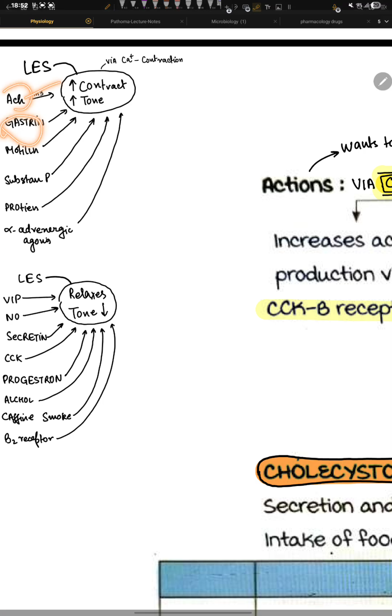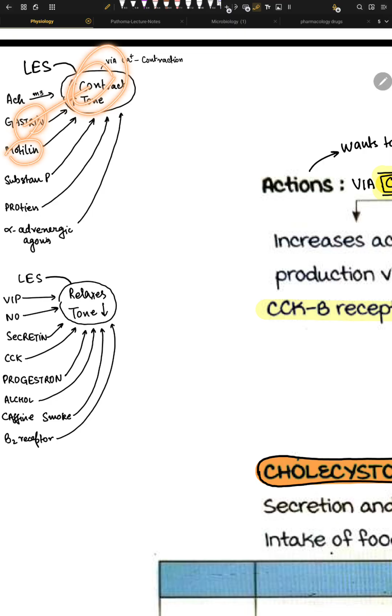We have gastrin, the hormone produced by G cells, and it also tightens the LES. We have motilin agonists for movement. Substance P also works for contracting the LES. Then we have proteins, and then alpha adrenergic agonists. I will talk about them. So the LES is positively affected by these things. We'll study each and every hormone in detail soon.